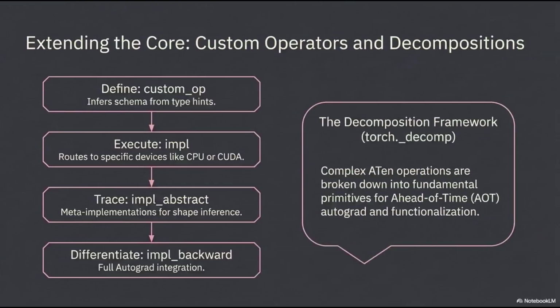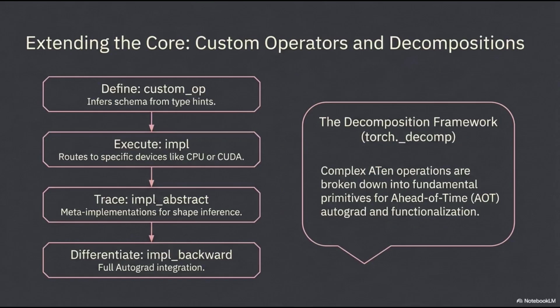To extend the core functionality, we enable the creation of custom operators, which follows a structured four-step process. First, we define the custom op, where the system infers its schema directly from type hints, ensuring correctness and consistency. Next, we provide the impl, or implementation, which intelligently routes the operation to specific hardware devices, such as the CPU or CUDA, optimizing execution.